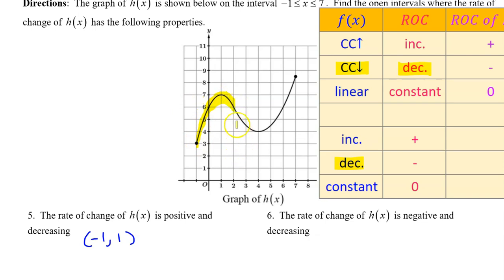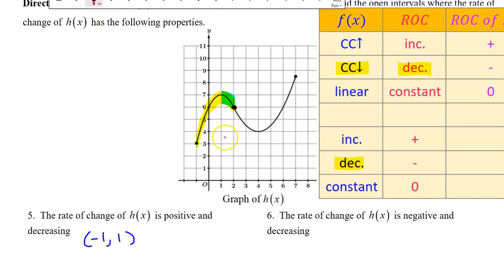I'm going to say from here to here. Let's say that the point of inflection is about, let's call it at x equals 2. I'm estimating a bit, but I feel like that's a good guess. So there's your concave down. So it will also be decreasing in this little interval right here, from the relative max to the point of inflection. So that is the interval from 1 to 2.